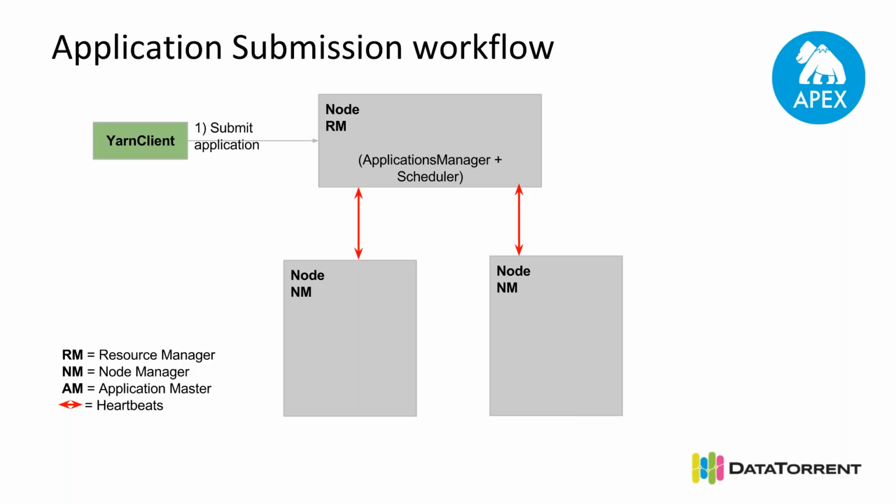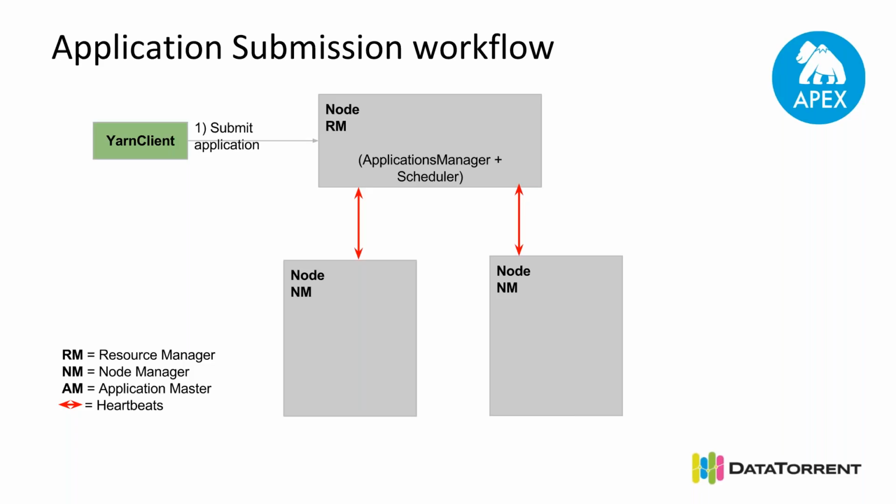So what does submit application mean? When you want to run an application, you tell resource manager that I want to run an application, and you need to give some basic information. You don't need to give all details of your application, like what all you need to do from start to end. You just need to tell about the very first process, which is application master.